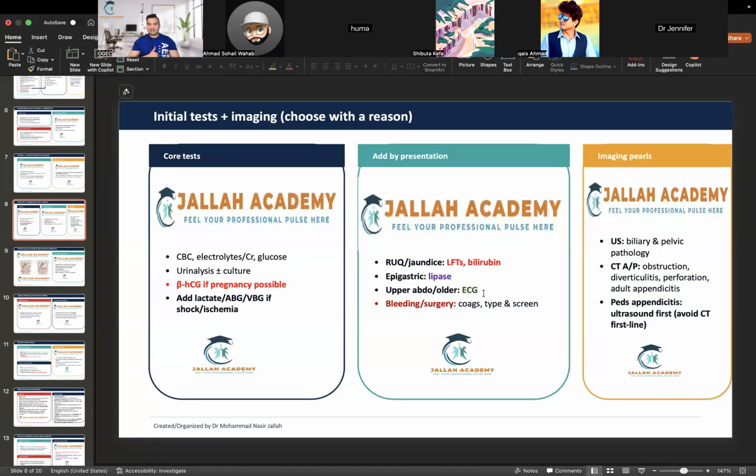So you cannot forget this. They want to hear you say, since my patient is elderly and has upper epigastric pain, it is always good to do an ECG to make sure it is not an inferior MI, and you will impress the examiner.